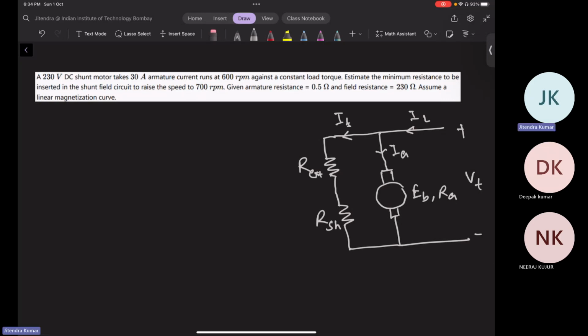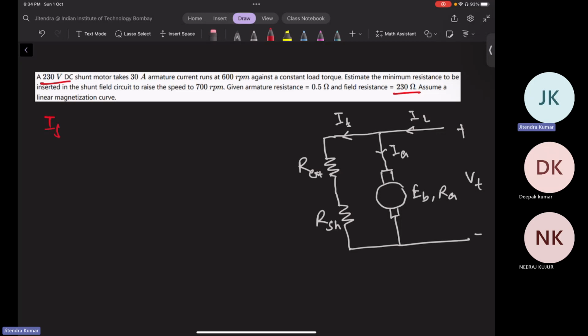This is how your circuit will look. Initially, R external was 0, and your field resistance is 230 ohm and supply 230 volt.